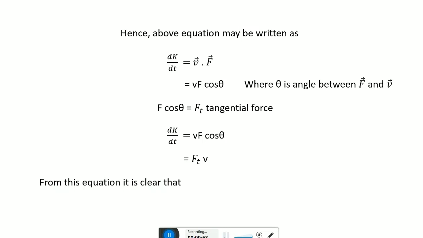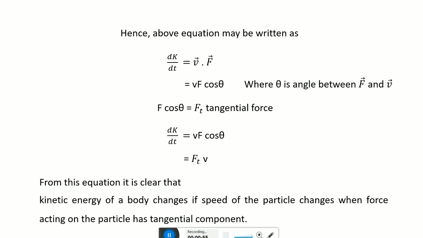From this equation, it is clear that the kinetic energy of a body changes if the speed of the particle changes, when the force acting on the particle has a tangential component, that is F cos theta.